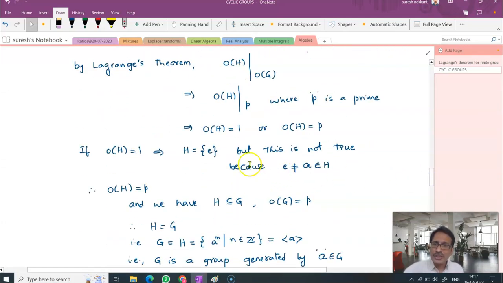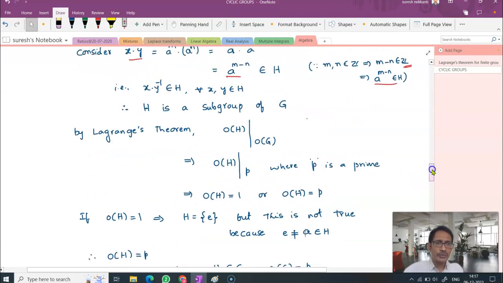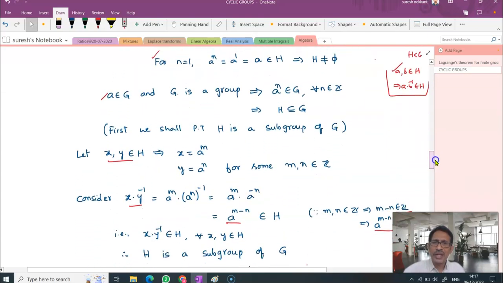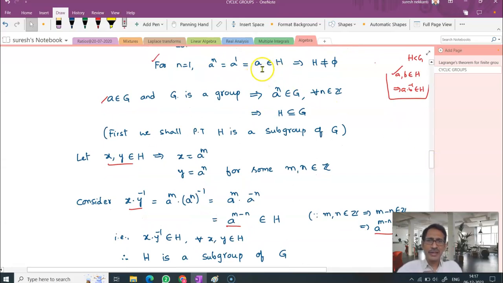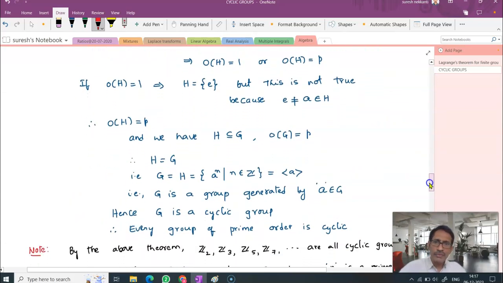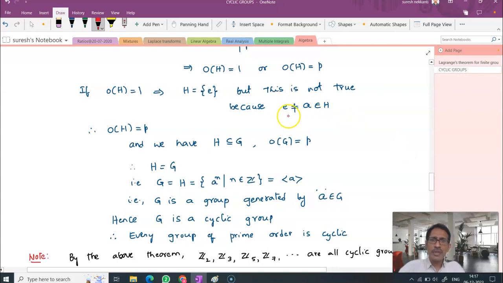Because H contains A. When I proved that H is non-empty, I already showed that H contains A. See here, A is an element of H. And one more thing, I mentioned that A is not equal to E. Therefore, H cannot be equal to the singleton E.